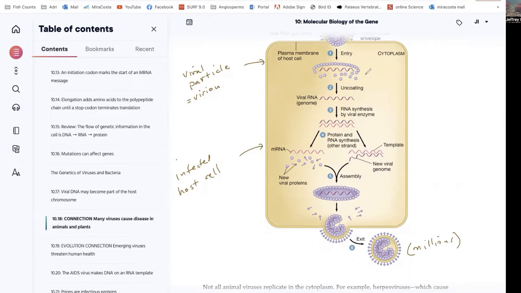But because the whole host cell is being taken over, it's converted into a viral machine, which makes more of these infectious particles, which can then go out and infect more of your cells, which can then produce another millions of viruses each one, which can then go out and infect other cells.